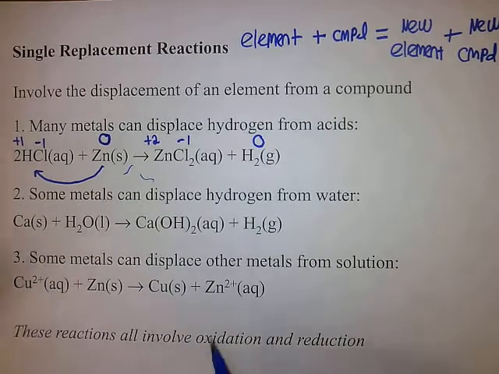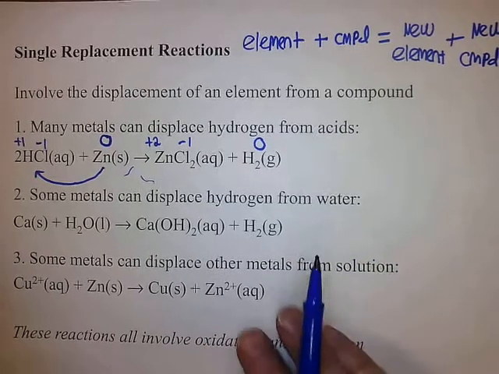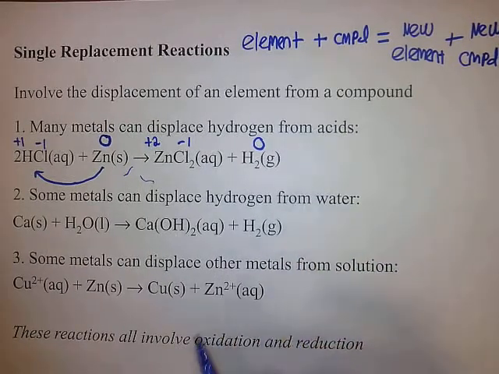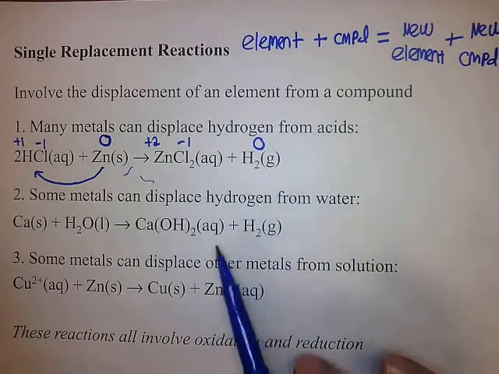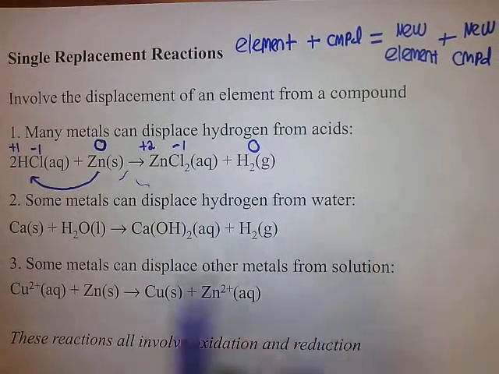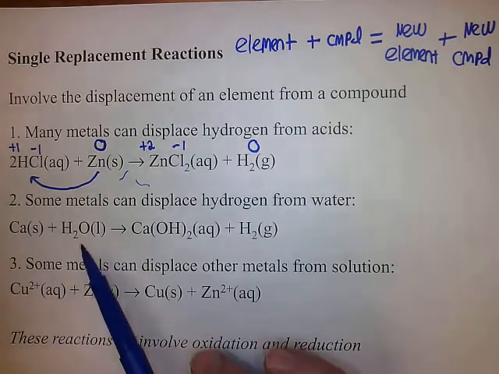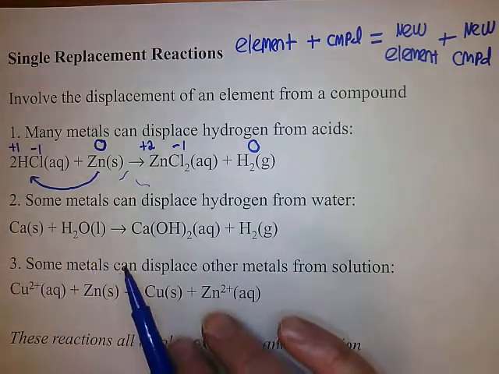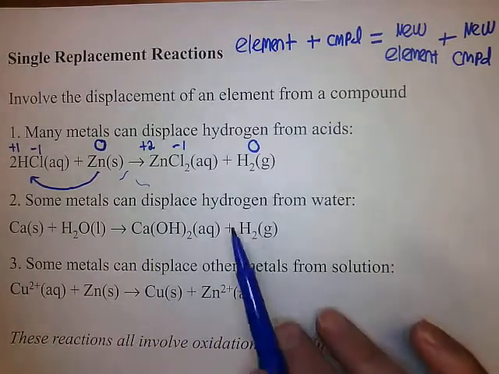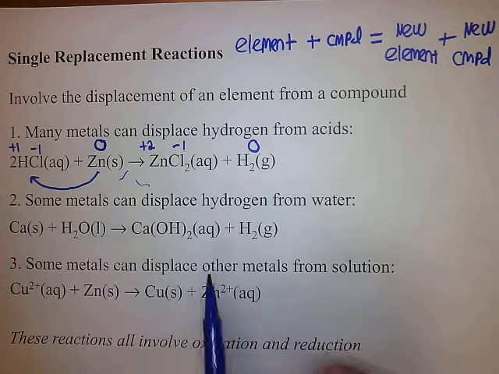Now, some metals can displace hydrogen even from water. It's a similar type of reaction. You're displacing hydrogen, but now you're displacing hydrogen from water. If you throw calcium metal in some water, again, you'll see lots of rapid effervescence. That effervescence is hydrogen gas coming off. Okay, basically same thing.